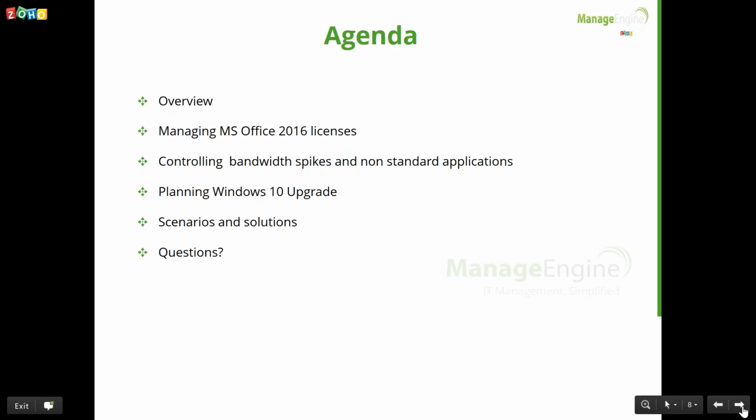Number 1, managing the Microsoft Office 2016 licenses. Scenario 2, controlling bandwidth spikes and non-standard applications. And number 3, planning for Windows 10 upgrade, followed by a few quick scenarios and solutions.